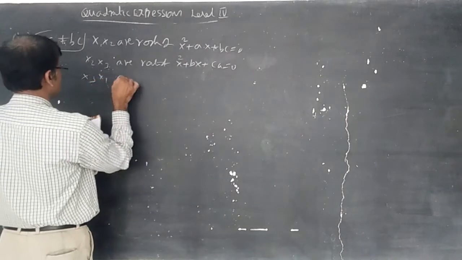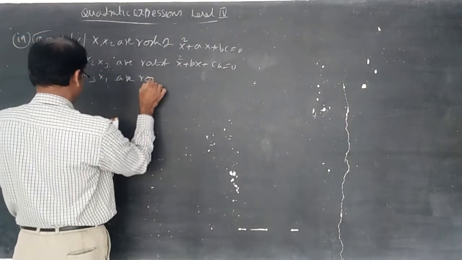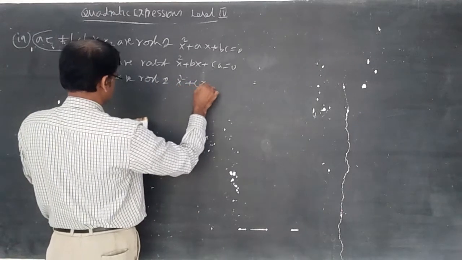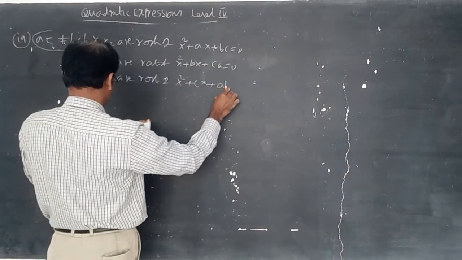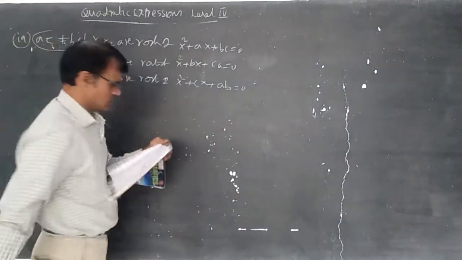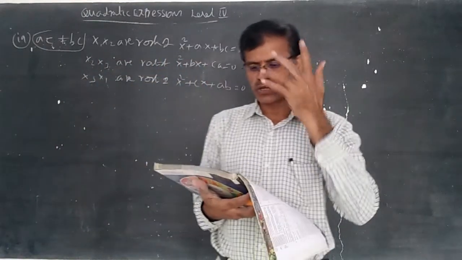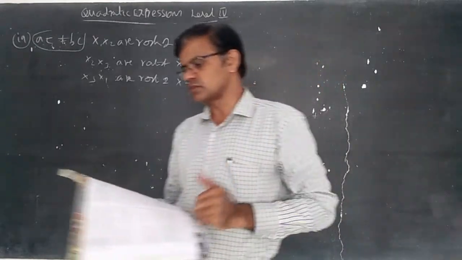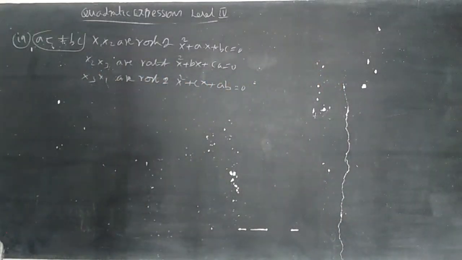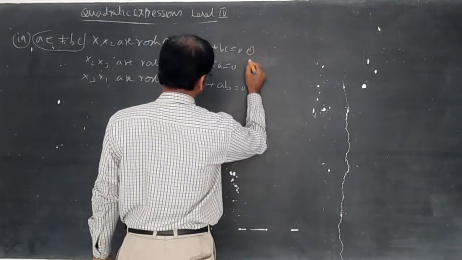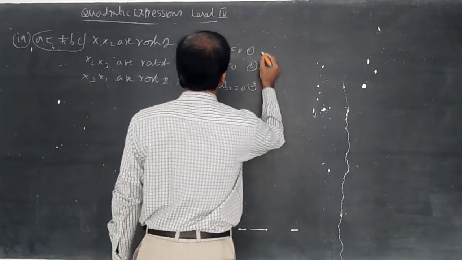Next, x3, x1 are roots of x² plus cx plus ab equal to 0. Let x1, x2 be roots of this one, x2, x3 roots of this one, then x1, x3 are roots of x² plus cx plus ab. Let it be 1, let it be 2 and let it be 3.